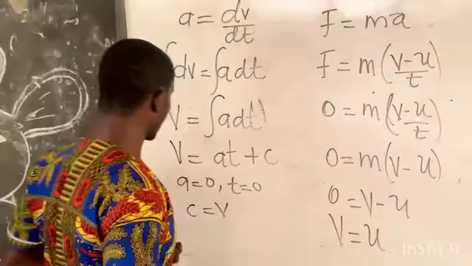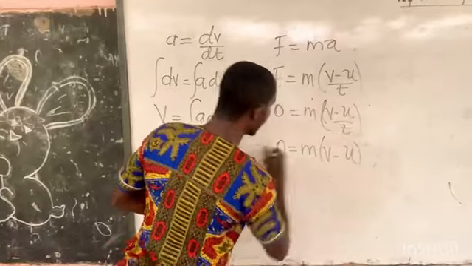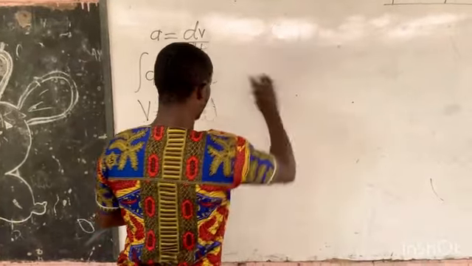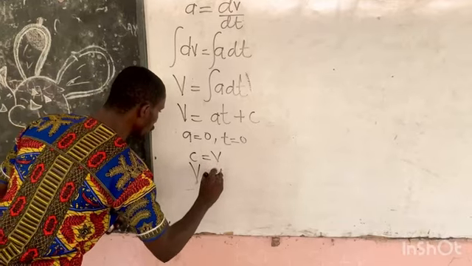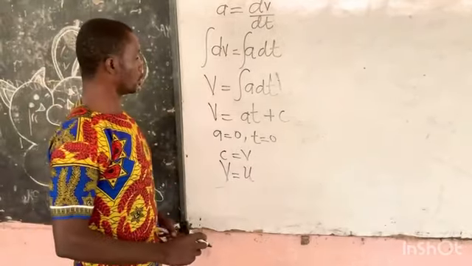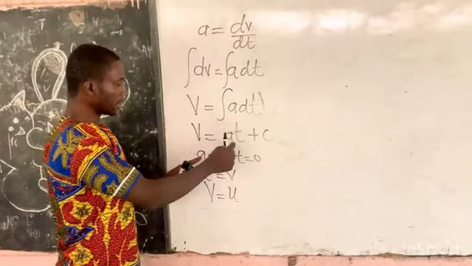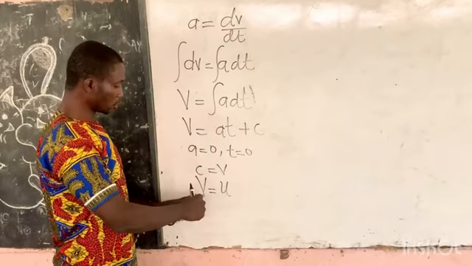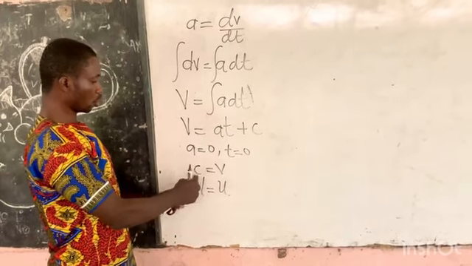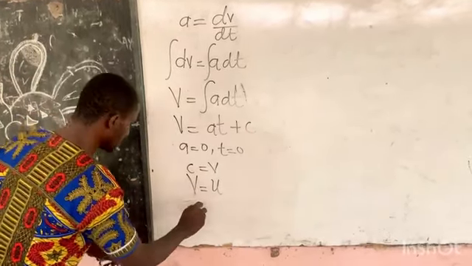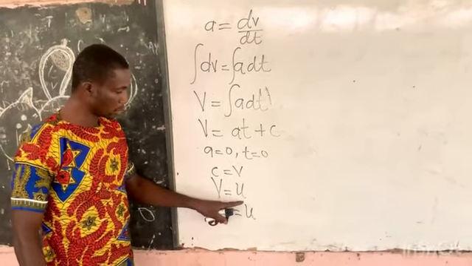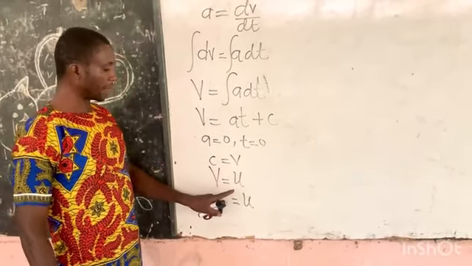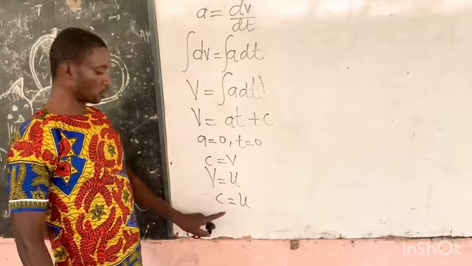In this case, since acceleration is 0, v is equal to u. So c is equal to v, and also v is equal to u. Meaning that c is also equal to u. So it implies u is equal to c.